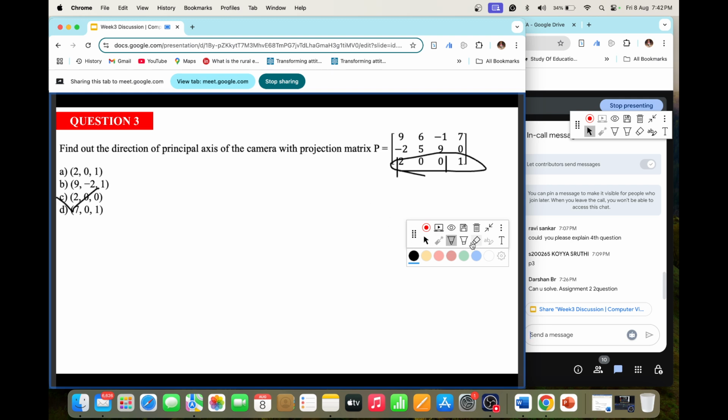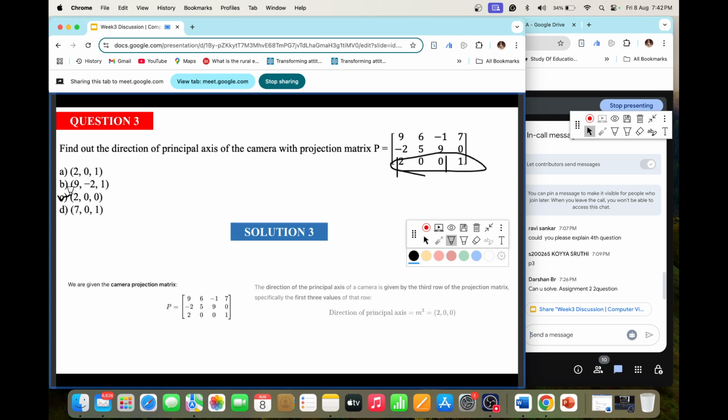Yeah, option C is your answer. So very easy. This is the P matrix, and the direction of the principal axis is given by M3, the third row of the M matrix. This is the M matrix and this is the P4 vector.